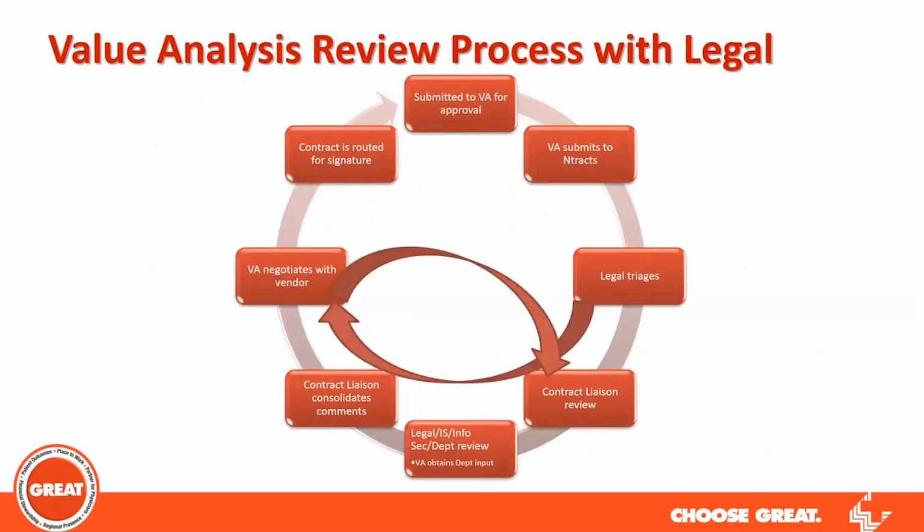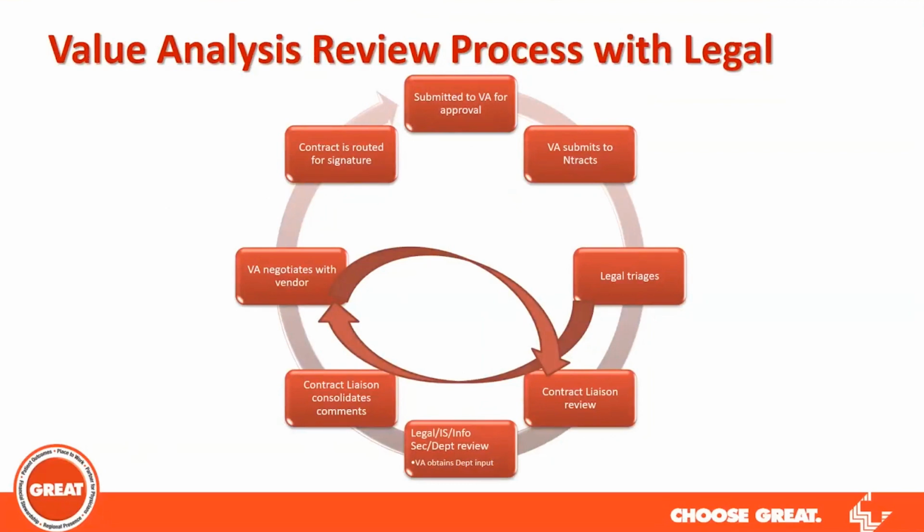Okay. So the value analysis review process includes legal, usually those 4 types of contracts that I mentioned. They'll be submitted to value analysis for approval. Value analysis will submit it to Ntracts, just like right now they submit it to Ntracts for department. It'll go to our legal triage.